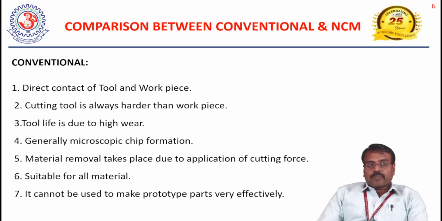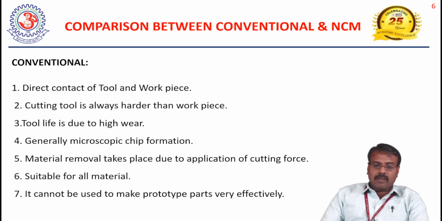Here, for the cutting tool in the conventional one, for example if you are taking a lathe, we usually take an HSS steel tool. That steel will always be the hardest, and we choose it for machining a mild steel component. Then tool life is very poor due to high wear.